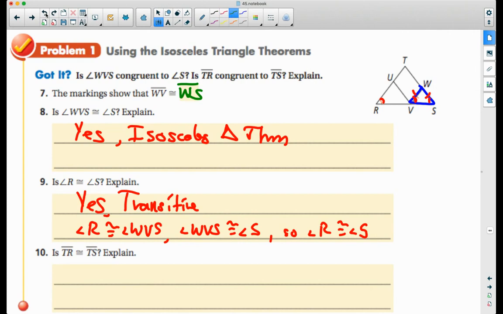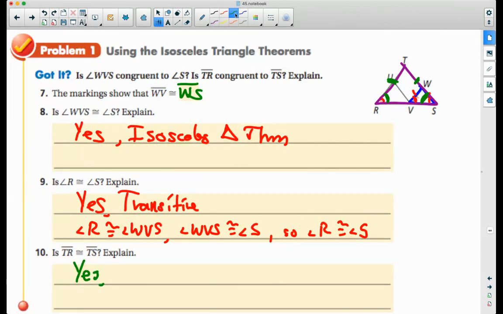Now in this big triangle, if angle R and angle S are congruent to each other, then that means that these segments have to be congruent to each other as well, segment TR and segment TS. So that would be yes.